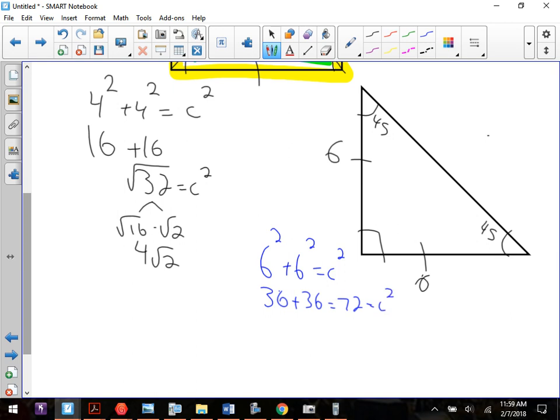I get 36 plus 36, which is 72. You type in your calculator right away, what's the square root of 72? 6 root 2. Very good. So what happens here is you get to develop a specific pattern that always occurs within these triangles.